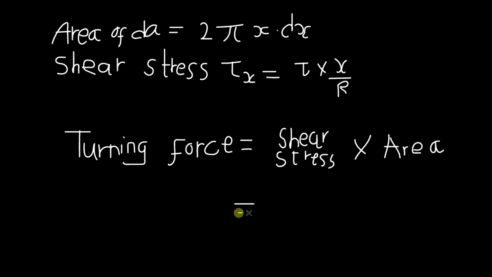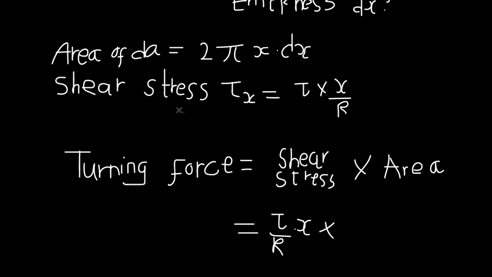We know that our shear stress is over here, so the turning force will be tau x over r multiplied by the area, and our area is this one over here, 2 pi x dx.